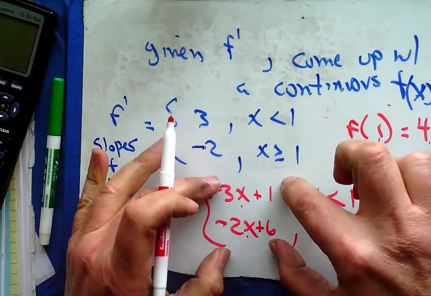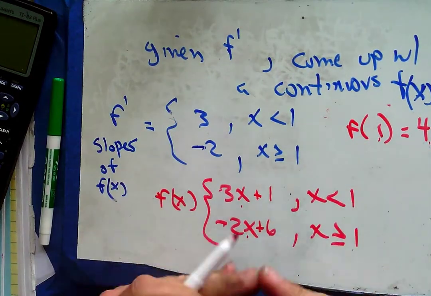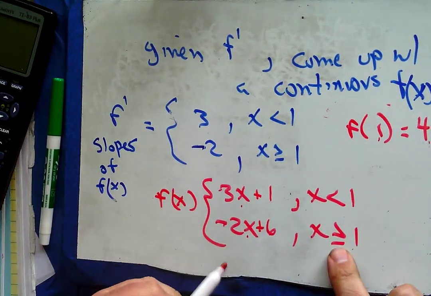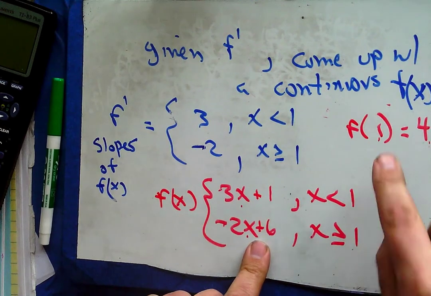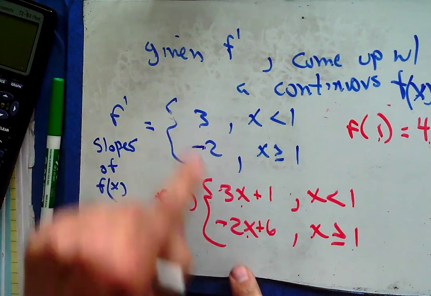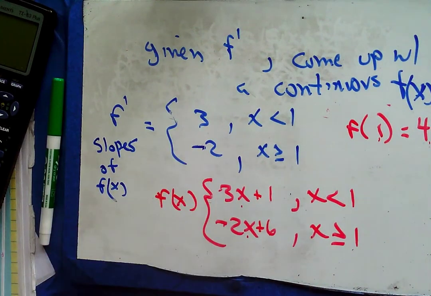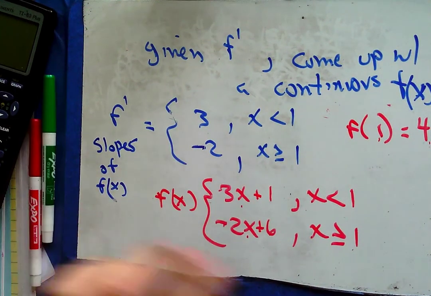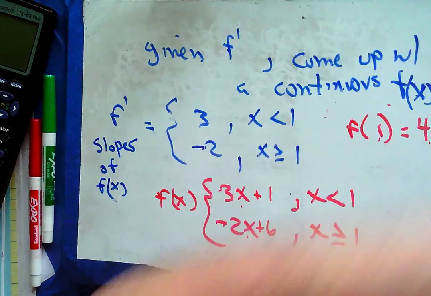Both of these approach the same value, so the limit of the function is 4. The value of the point is 4 at 1. And we know the derivative of this would be this, and the derivative of this would be this. So there's a great f of x for us. Now I think maybe you should try them. Okay? We're still going to come up with an f of x.